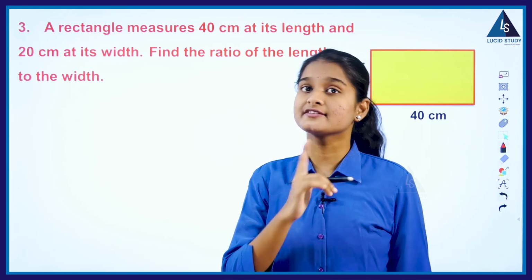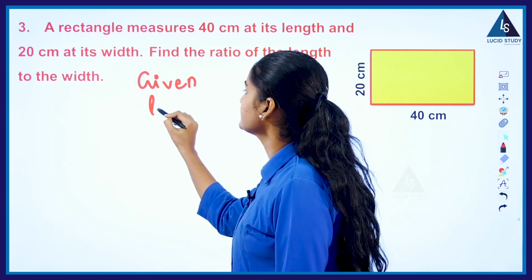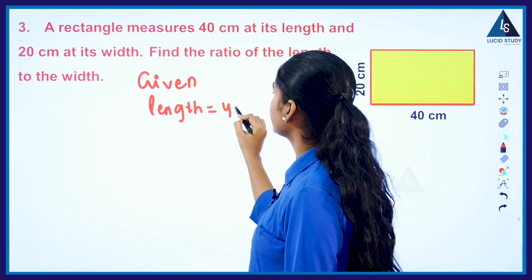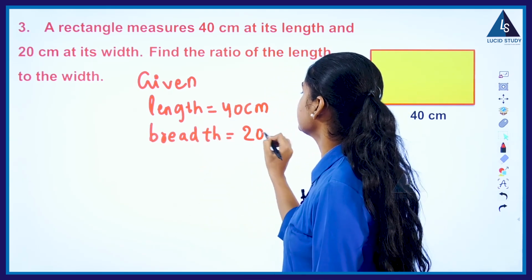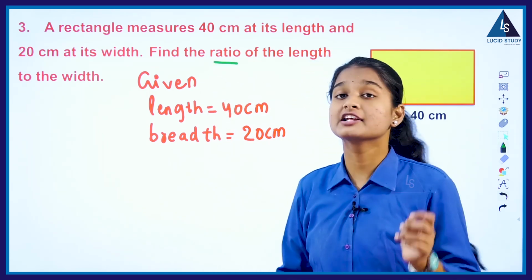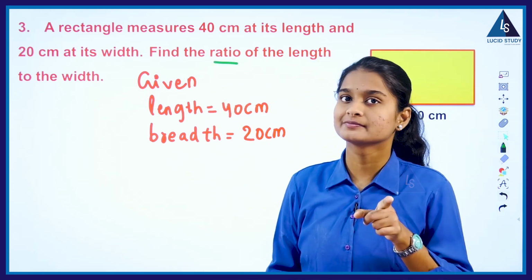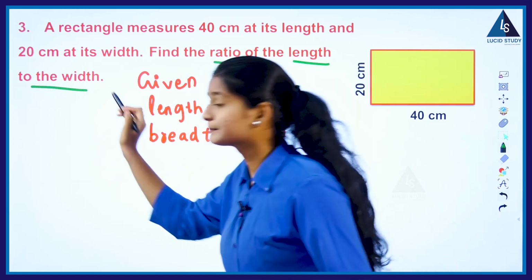Let us write the given statements first. Given length is equal to 40 centimeters, breadth is equal to 20 centimeters. We need to find the ratio of the length to the width.